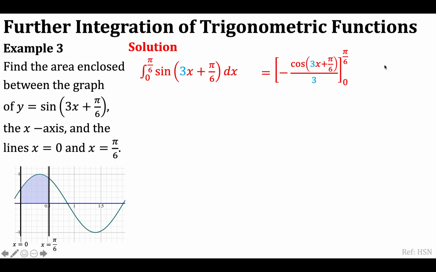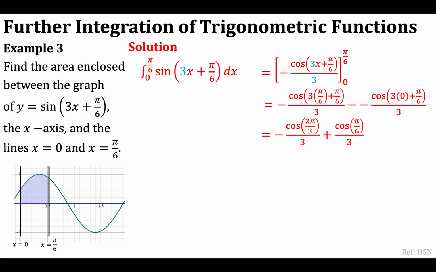So we now need to substitute our limits in. Substitute pi over 6 in first. So it's negative cos of 3 times pi over 6 plus pi over 6, all over 3, and then we're subtracting that expression with 0 substituted in for x. So we're subtracting negative cos of 3 times 0 plus pi over 6, all over 3.